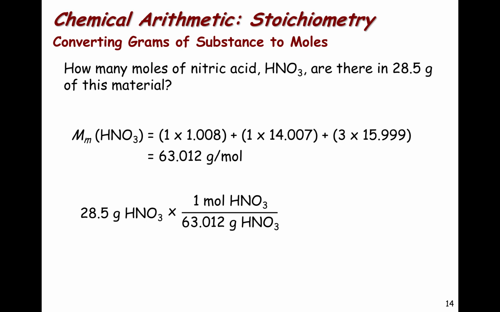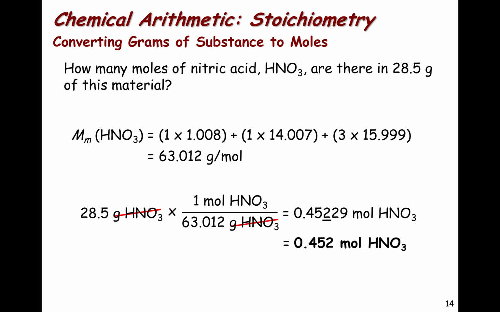In this case, then, if we cancel the units, both the grams and the formula of the compound, we then can do the math, making sure that we have 3 significant digits, since 28.5 has 3 sig figs. Therefore, our final answer is going to only have 3 significant digits. No rounding is necessary, and we have 0.452 moles of nitric acid.